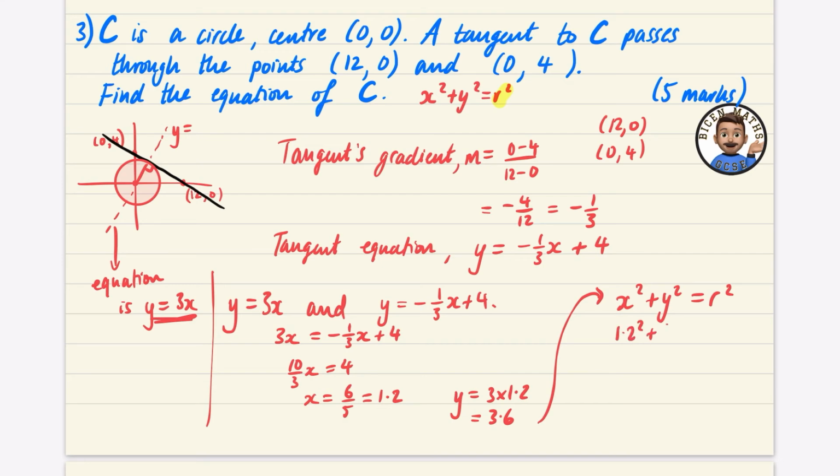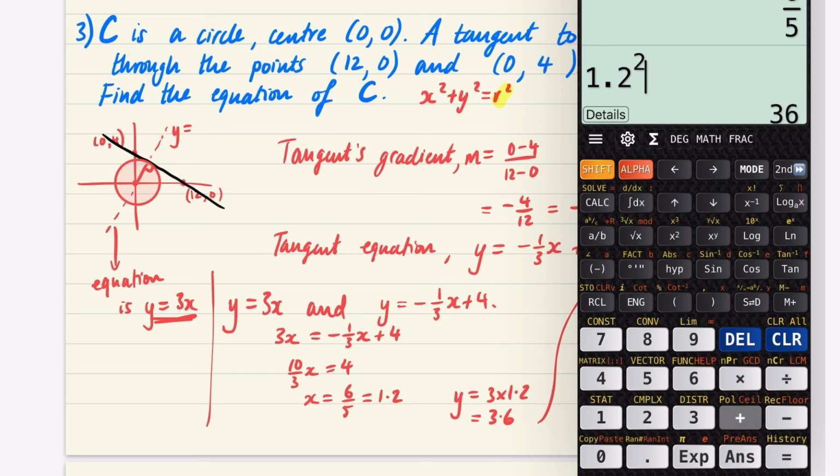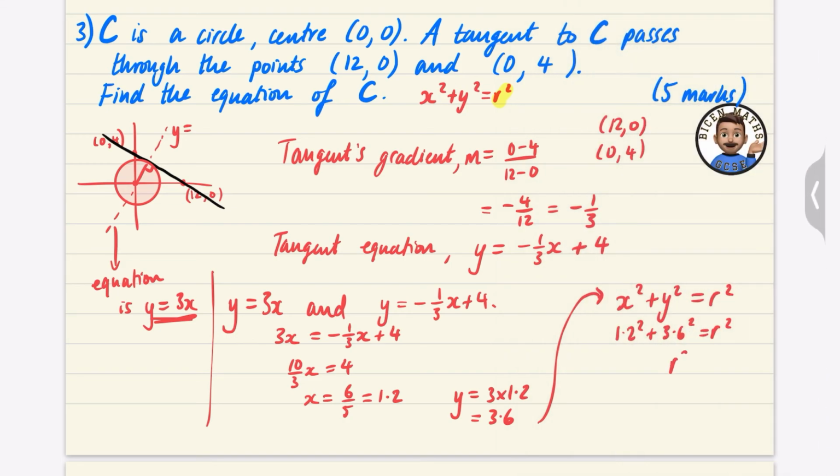So 1.2 squared plus 3.6 squared is r squared, and we get 14.4. So r squared is 14.4, and hence the equation is x squared plus y squared equals 14.4. That is the equation of the circle.